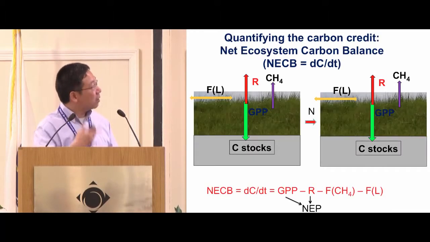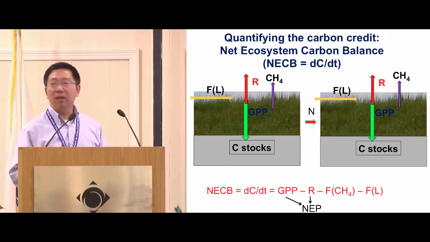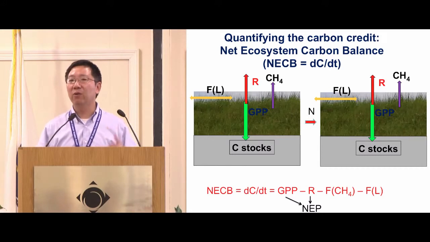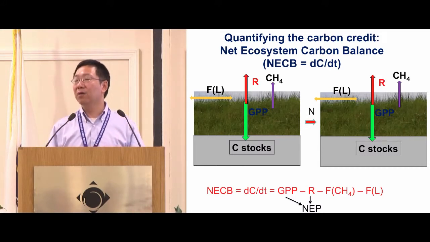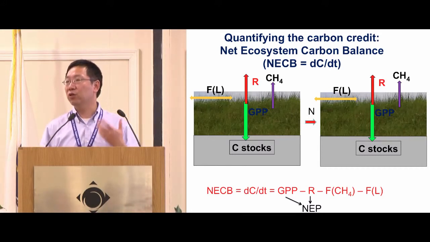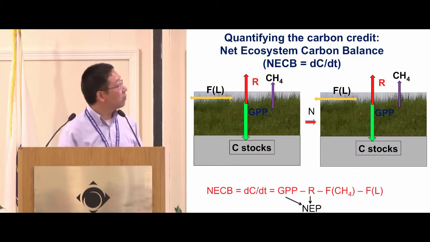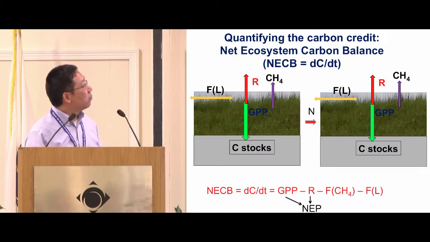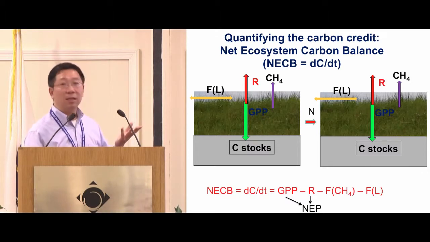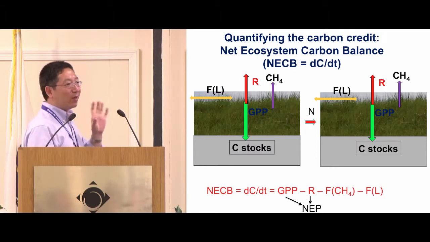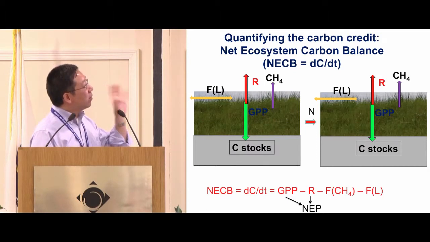We're talking a lot about blue carbon and carbon sequestration, but how can we really quantify the amount of blue carbon, or the sequestration rate, in the wetland? So I have to walk through a little bit of detail. For blue carbon, I want to add another terminology: net ecosystem carbon balance.